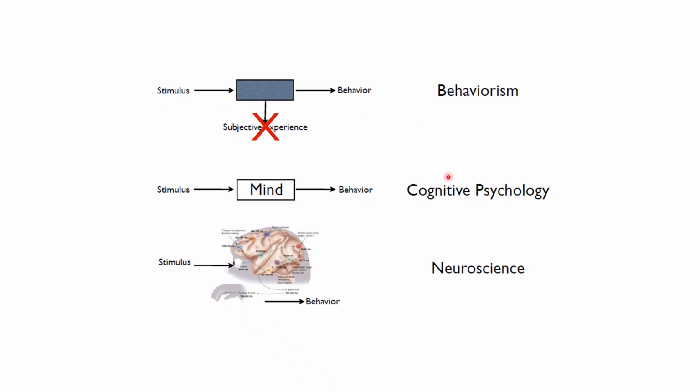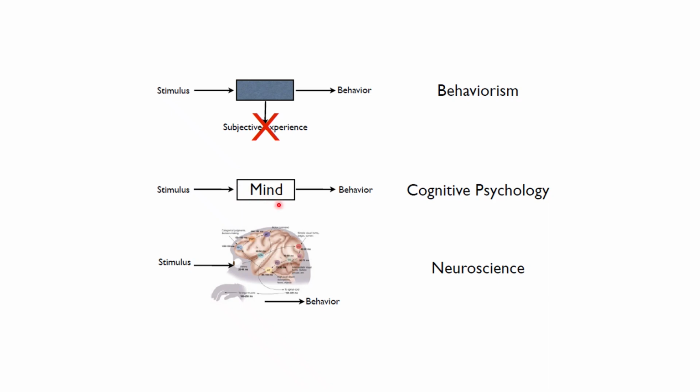Now, the same phenomenon of stimulus to behavior mapping was studied by cognitive psychologists by explicitly considering the mind. And they made models of the mind with different attributes, different features. So the mapping depends not only on what stimulus is coming, but it also depends on the current state of the mind and how the mind functions.